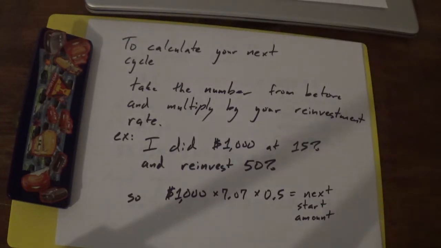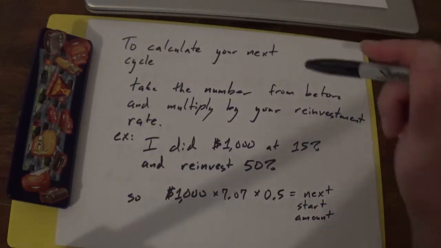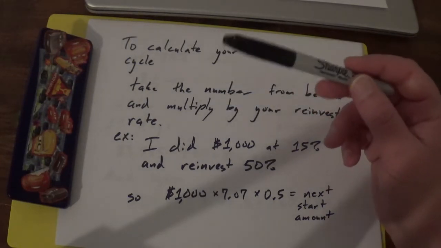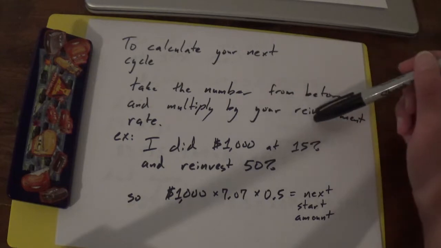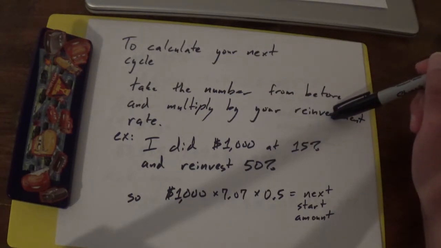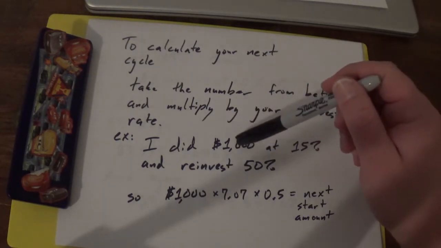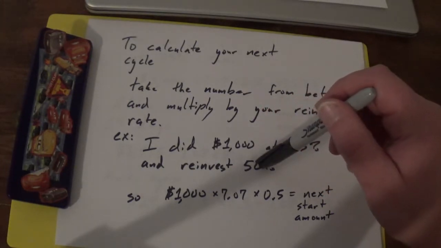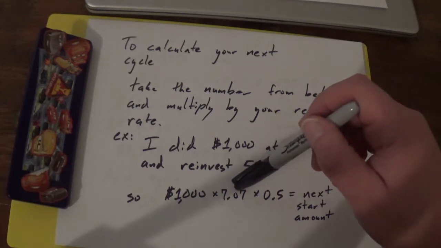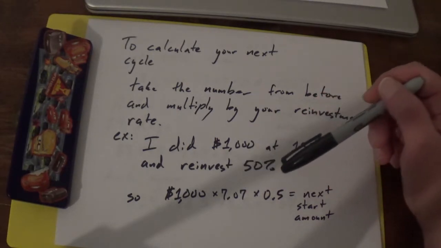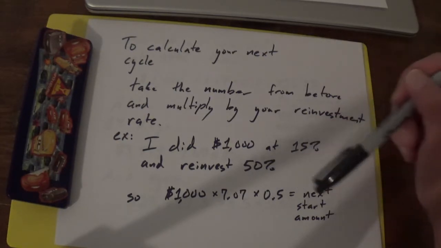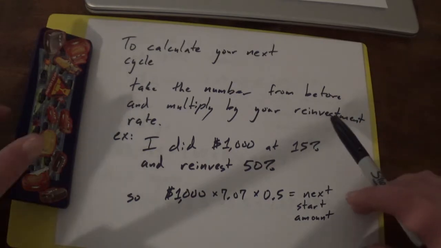So for your next cycle, you're going to take whatever number you got from that. So then you're going to multiply by your reinvestment rate. So let's say I'm doing $1,000 at 15% and I reinvest 50%. So I do the 1,000 times the 7.07. And then since I'm reinvesting at 50%, I do times 0.5, and that's my next starting amount.